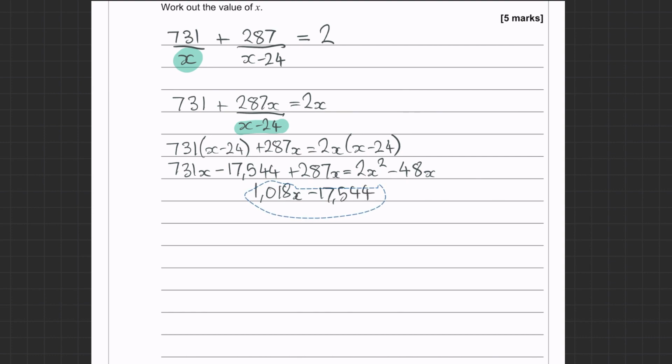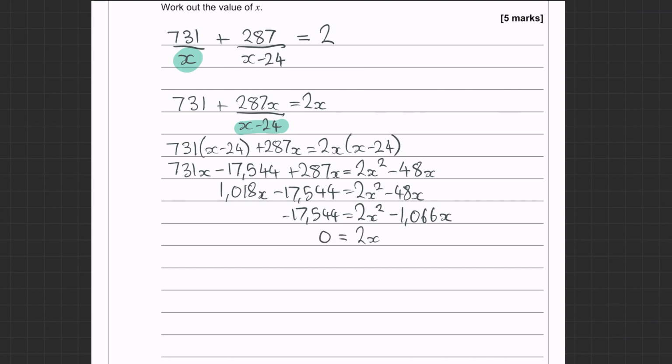And that all equals the right-hand side, which is 2x squared minus 48x. We're going to put everything onto one side, so everything's going to be moved to the right-hand side. Taking away 1,018x will give us minus 17,554 equals 2x squared minus 1,066x, and then we're going to add 17,554 to both sides to give us 0 equals 2x squared minus 1,066x plus 17,554.